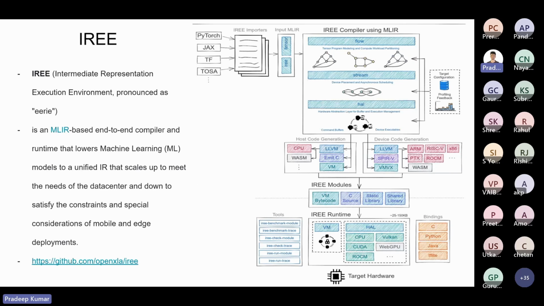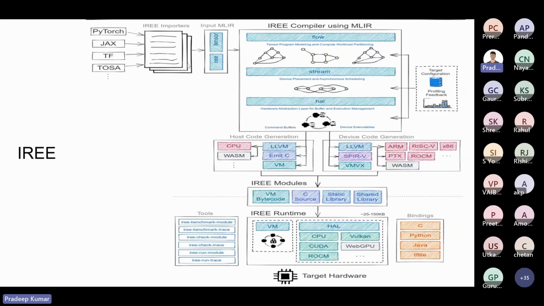I think IRE is more of a package where you provide an ML model and you can run it across various devices. As you can see in a much bigger image, you can see IRE modules, and you can have a virtual environment where you can also compile to CPU, CUDA, or any platform that's in existence.